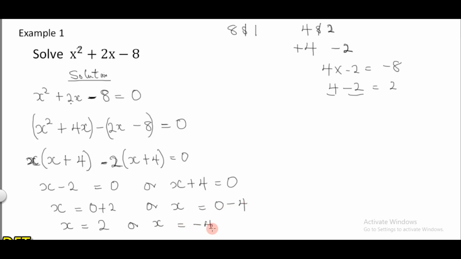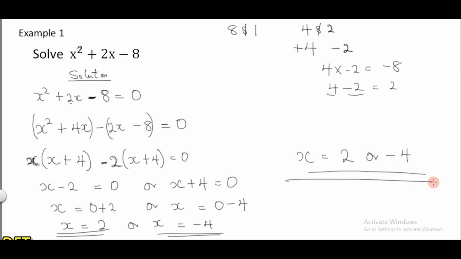So x is equal to 2, or x is equal to minus 4. So the roots of this quadratic equation are x equals 2 or minus 4. This is my answer.